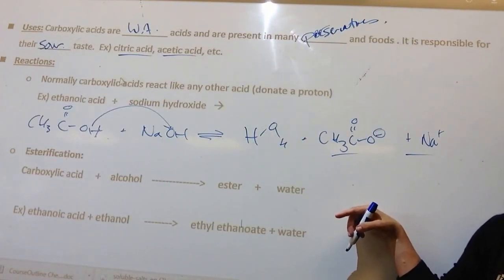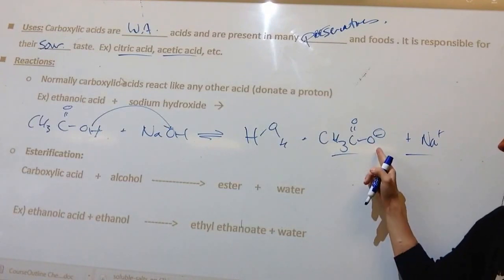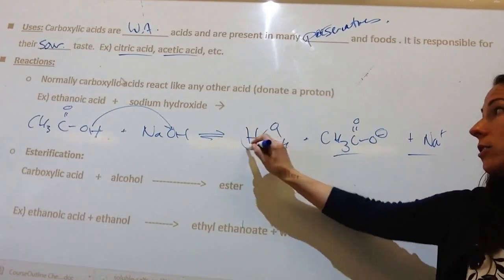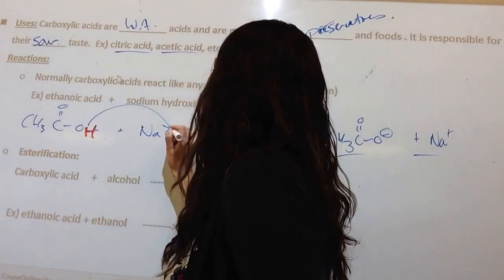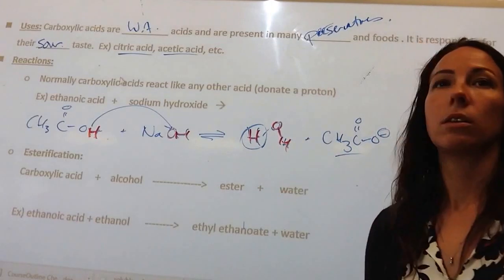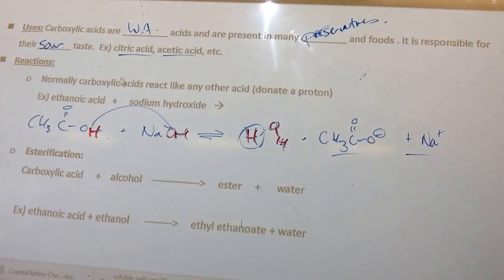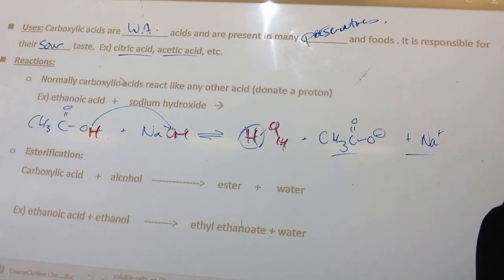Oh, just like the Ka unit. Awesome. Donated a proton, so it doesn't have an H at the end. Where'd the H go? Onto here. Here's the H. In fact, I'll give it a color. This H and this OH became HOH. Donate a proton, accept a proton, leftover sodium is spectator.